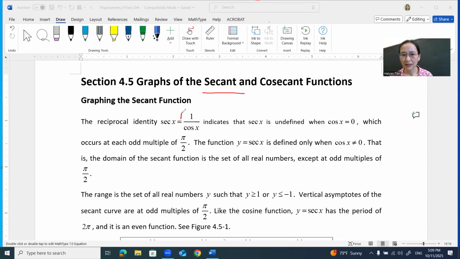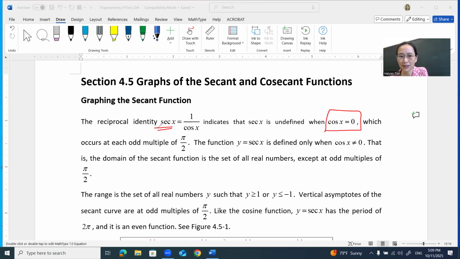Secant can be written as the reciprocal of cosine x, as long as cosine x is not 0, because when cosine x is 0, the reciprocal is not possible, right? It's undefined. So we know that whenever cosine x is 0, the secant function has no value, it's undefined.